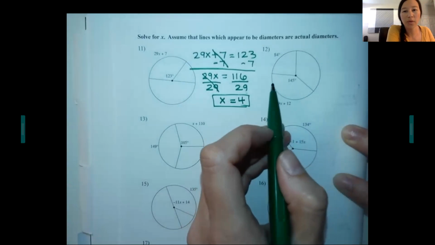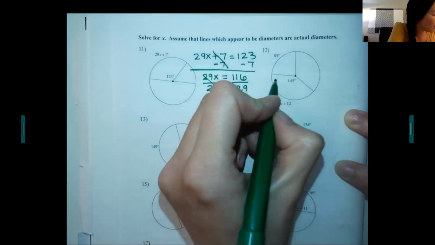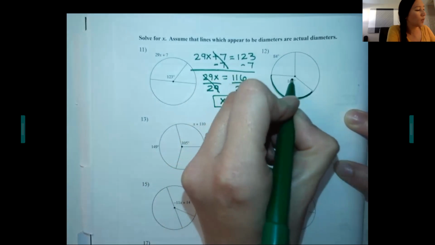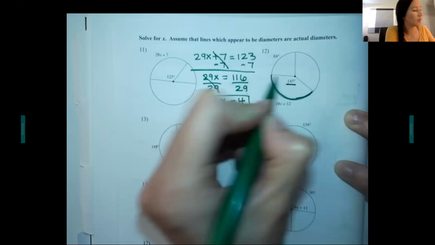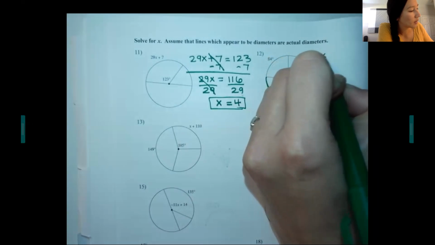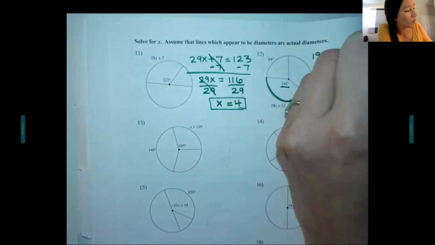And then I'll do one more. So we have 19x plus 12 is going to equal the central angle right here, which is 145. So 19x plus 12 equals our angle of 145.